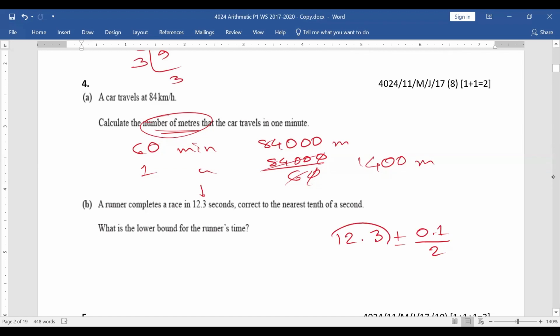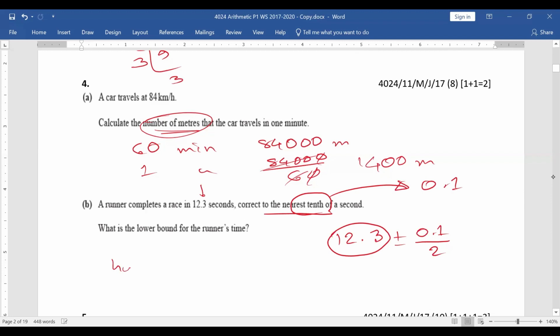We add 0.1 by 2 for the upper bound, and for the lower bound, we subtract. And how do we get this number 0.1? As it is correct to the nearest tenth of a second, the nearest tenth means 0.1.